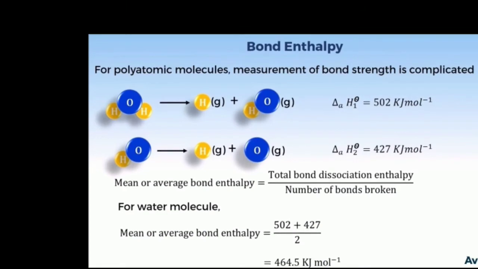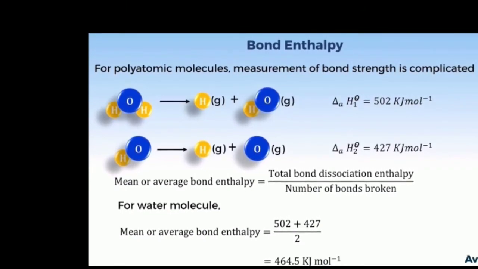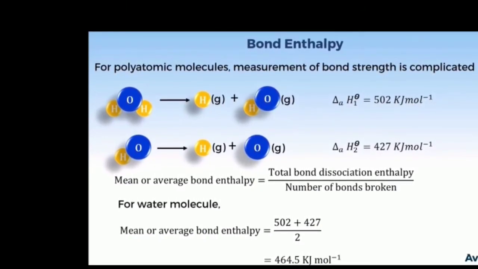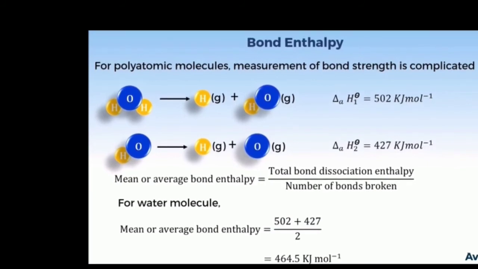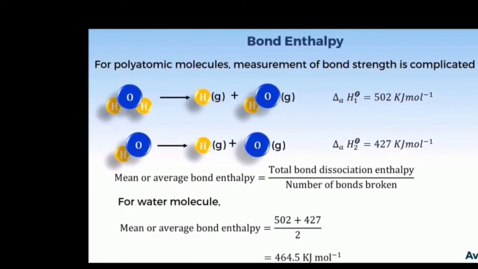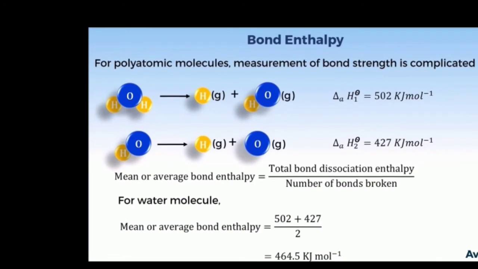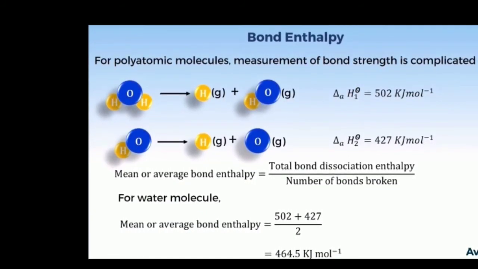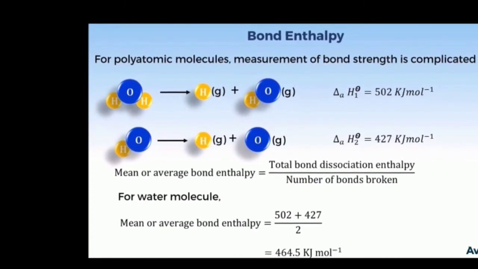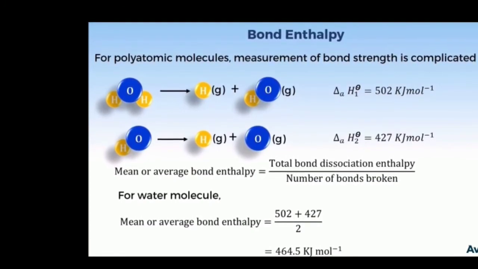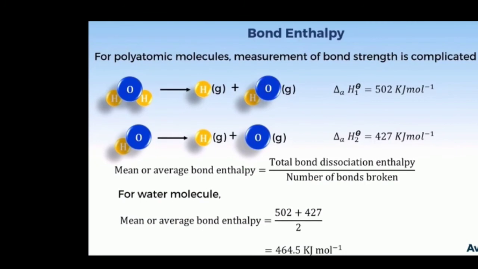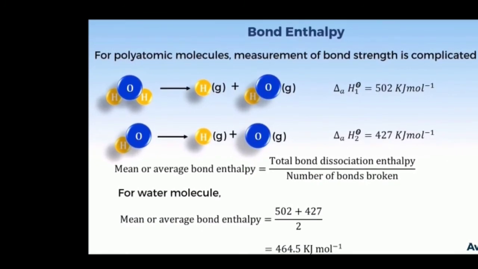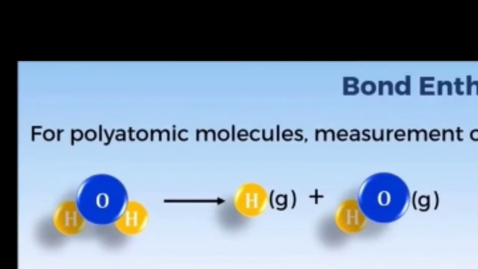In the case of polyatomic molecules, the average bond enthalpy is calculated. Polyatomic means the molecule consists of more than one bond. For example, in the case of water molecule, it consists of two OH bonds. First, we break H-OH single bond, then its bond enthalpy is 502 kilojoule per mole.